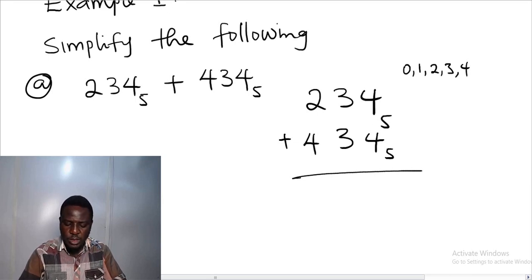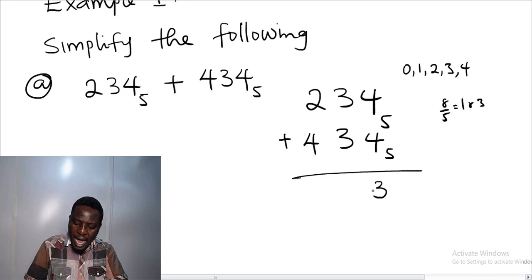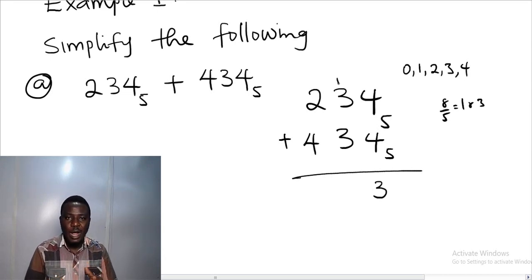So when you add 4 plus 4, it gives you 8. Divide it by the base, and what do you have? 8 divided by 5 is said to be 1 remainder 3. So you are going to write down the remainder and carry the multiple up. And we'll continue adding it in this way.